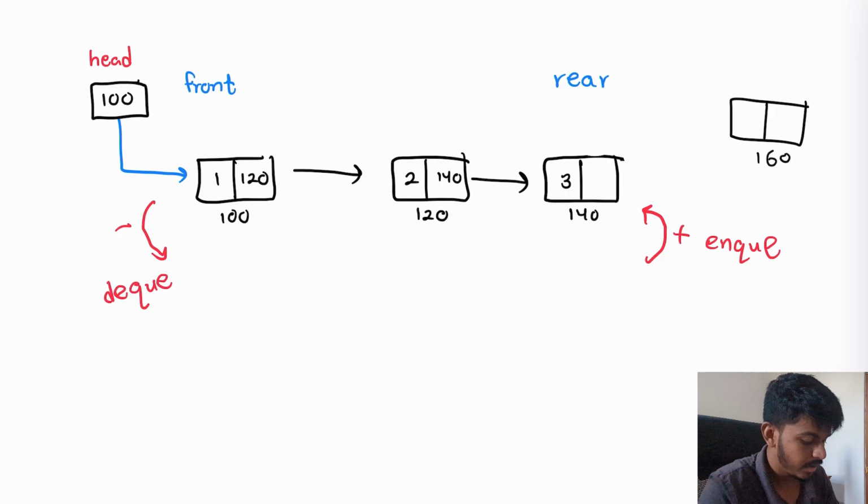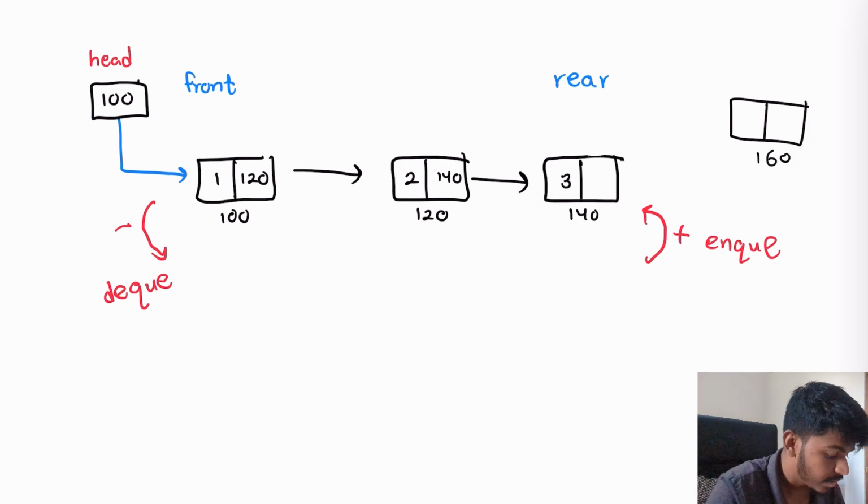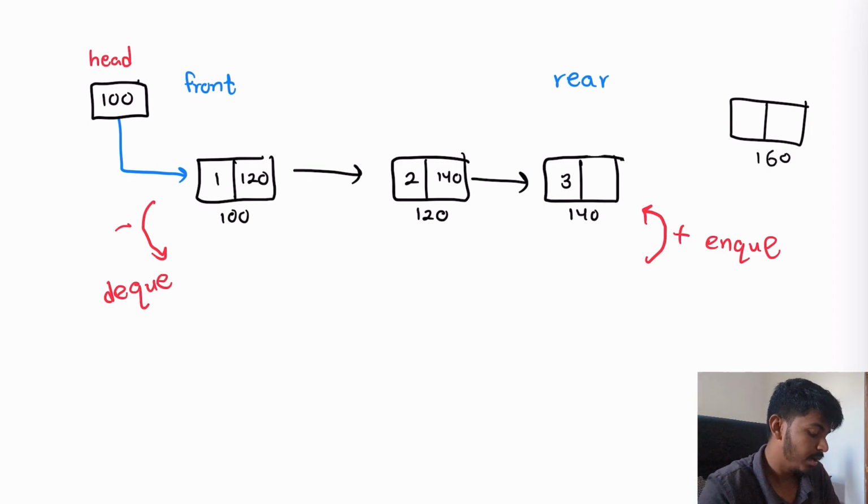That does not depend on how many elements are present in this linked list. Then by using the address part in this node, we can access the next node, and then update it as the first node in this linked list. That's fine.